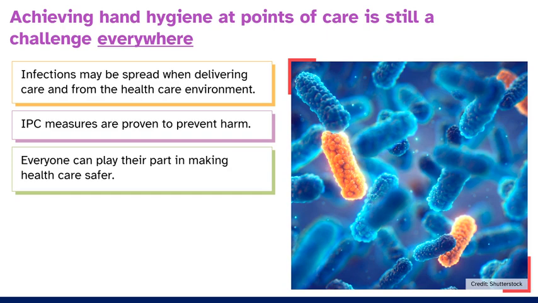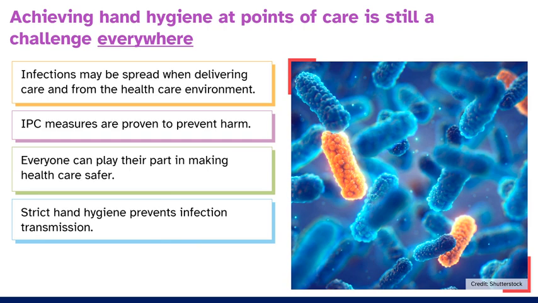WHO offers guidelines on infection prevention and control, or IPC, and hand hygiene, outlining necessary infrastructure, behaviors, and practices to prevent infections in healthcare settings. These guidelines are crucial for mitigating the risk of infections, including those resistant to antibiotics, a growing global challenge.